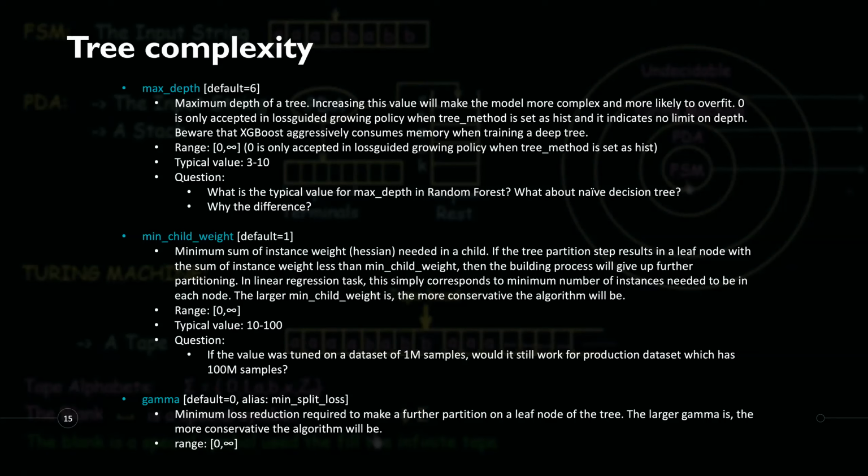Therefore, when we train a random forest, we tend to encourage every single decision tree to be a little bit more complex, or a little bit overfitting. We don't care, because by the end of the day we have other decision trees to help us reduce the variance. That's why the typical value for max depth for random forest is way larger than what we see from XGBoost.